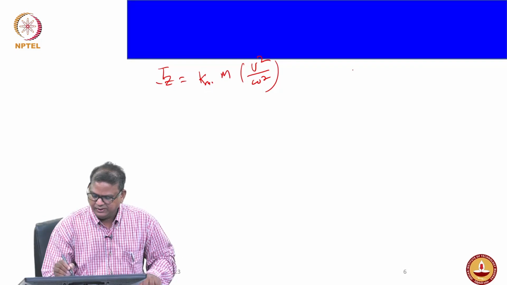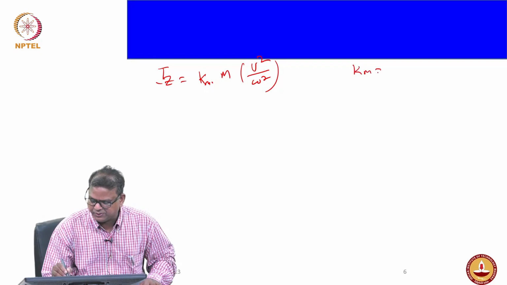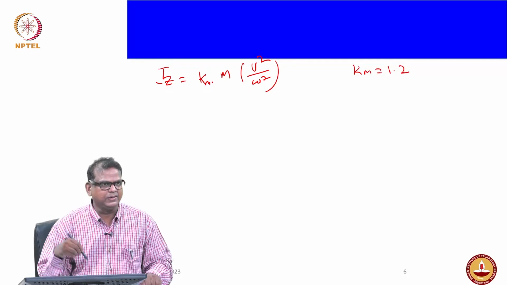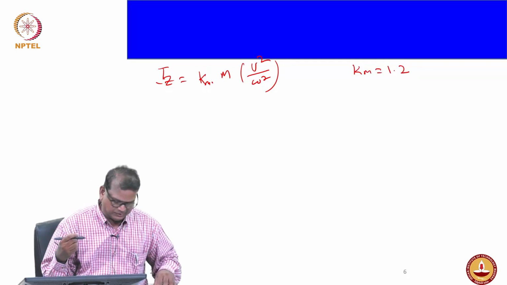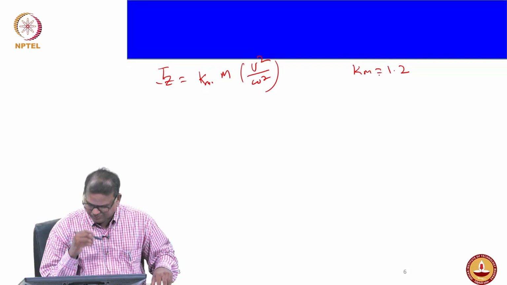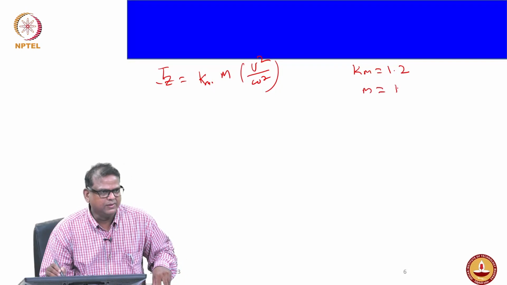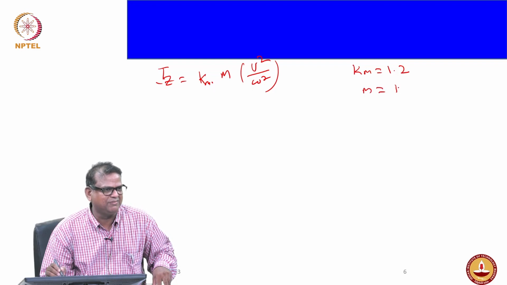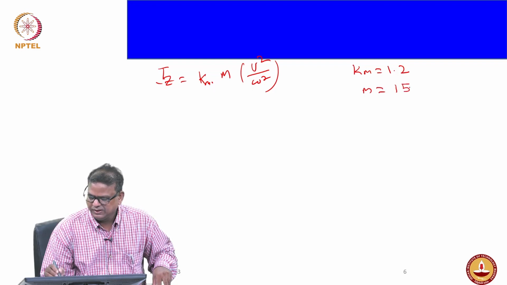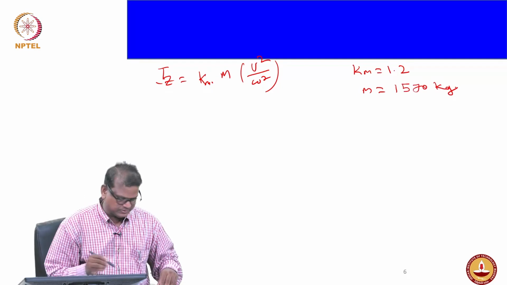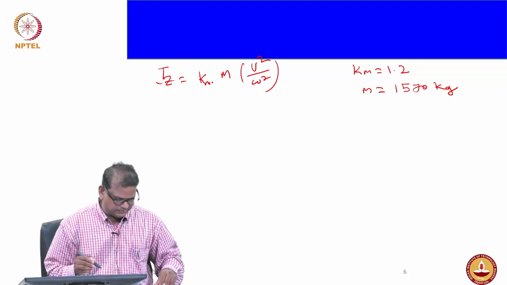Km we can choose as 1.2, taking 20% additional inertial effect. What is the mass value? It is 15.7 kilonewton, so 1570 kilogram. That is your mass. So, this is the equation we are going to use.